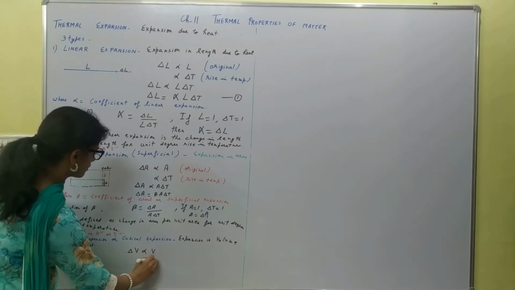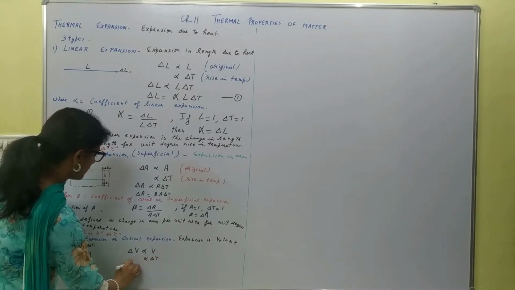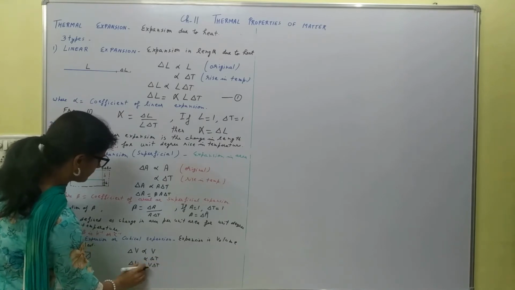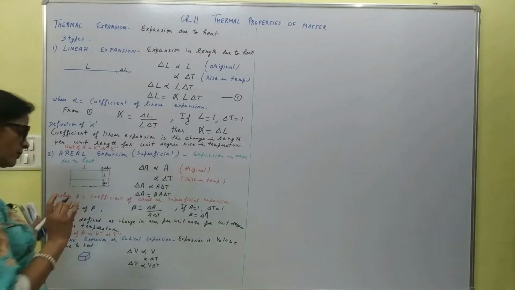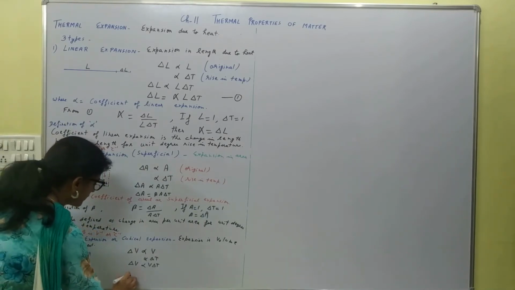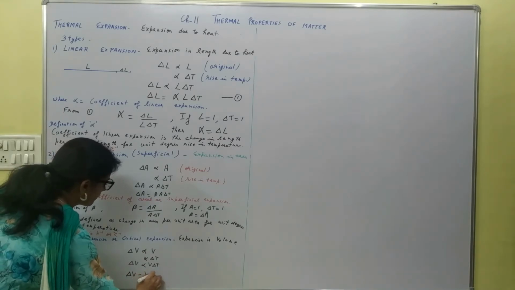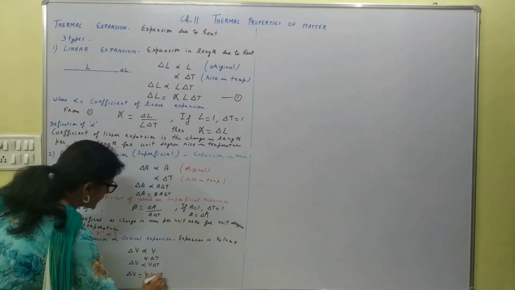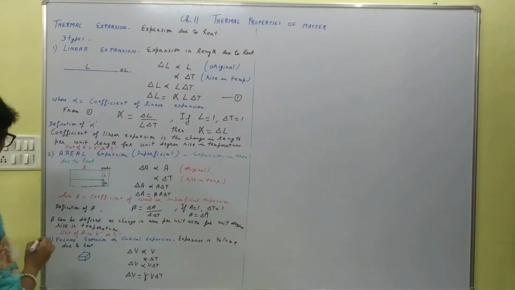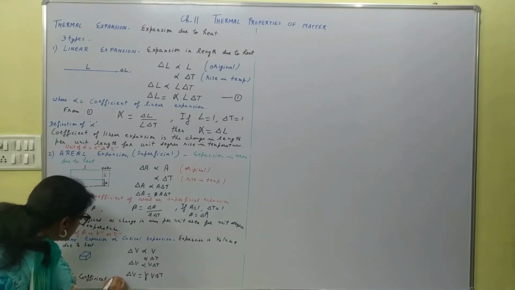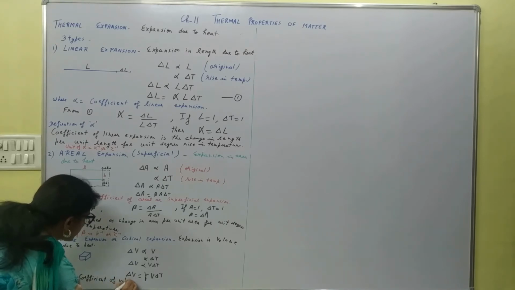It is proportional to the change in temperature, and if we combine these two, this is proportional to V delta T, and if we remove the proportionality sign, we will get delta V is equal to gamma V delta T, where gamma is equal to the coefficient of volume expansion.